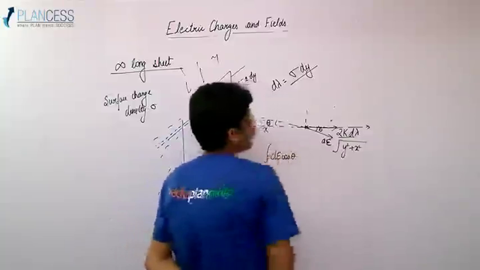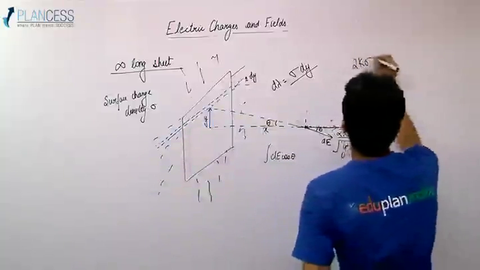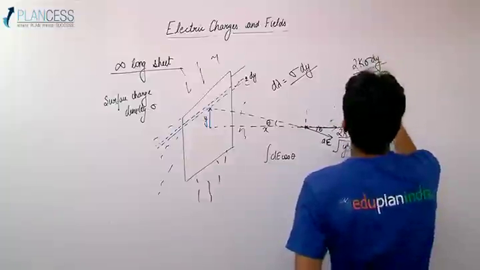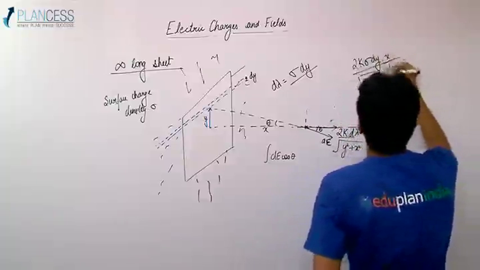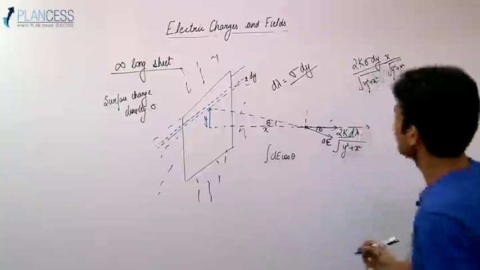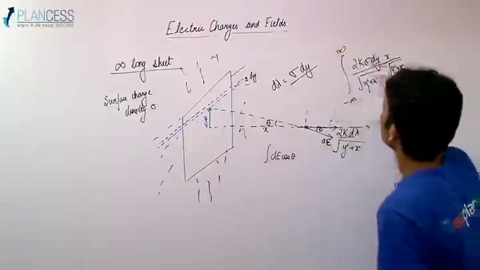So dE, which is written as 2k d lambda, which is sigma dy upon root over y square plus x square, into cos theta, which can be written as x upon root over y square plus x square. Its integral is from y equals minus infinity to infinity.